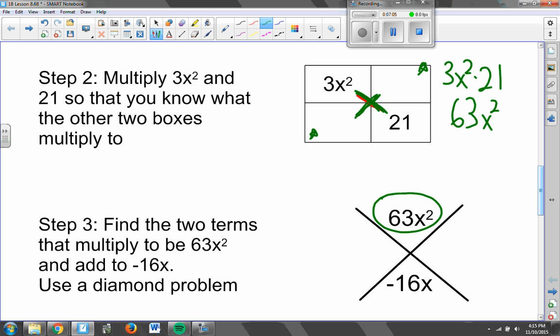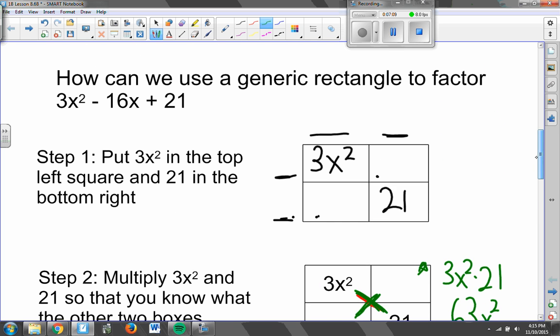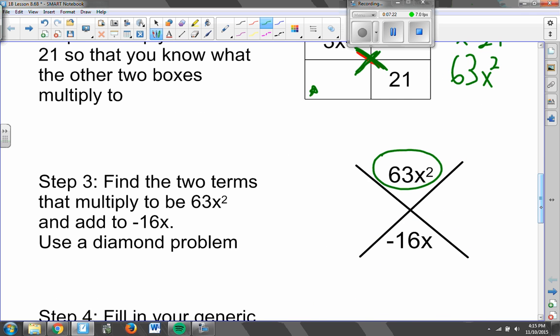And I know from my original problem, if I scroll back up, that they have to add to be negative 16x. Because these two boxes, here and here, should contain my two x numbers that need to add to negative 16x.